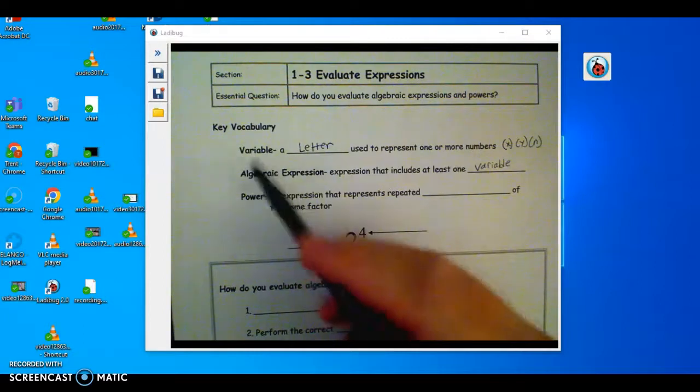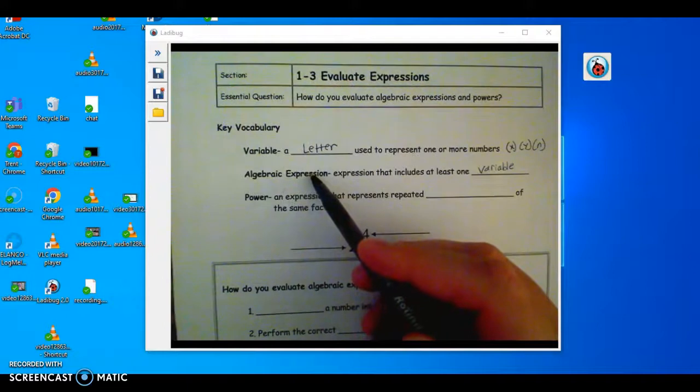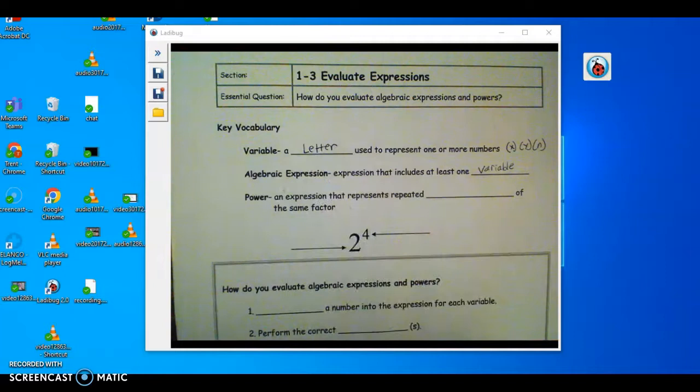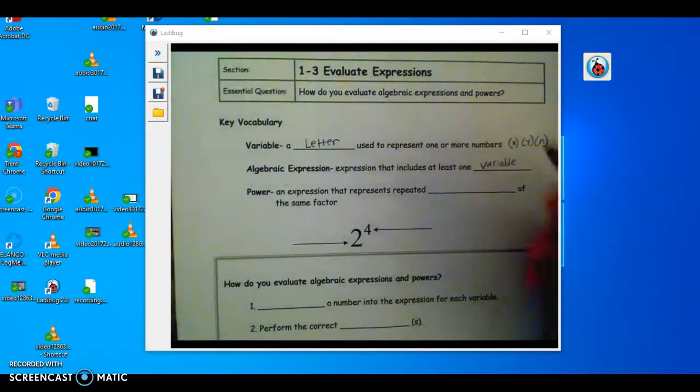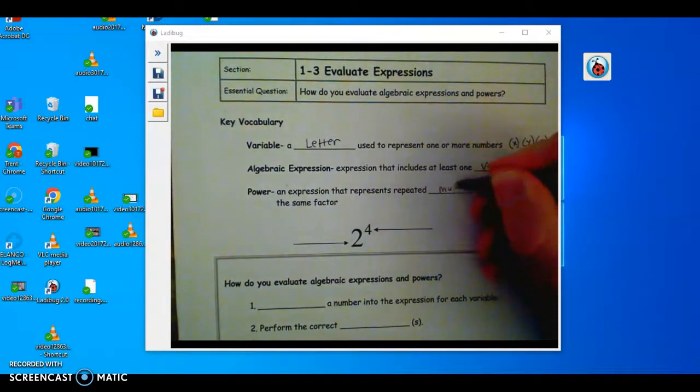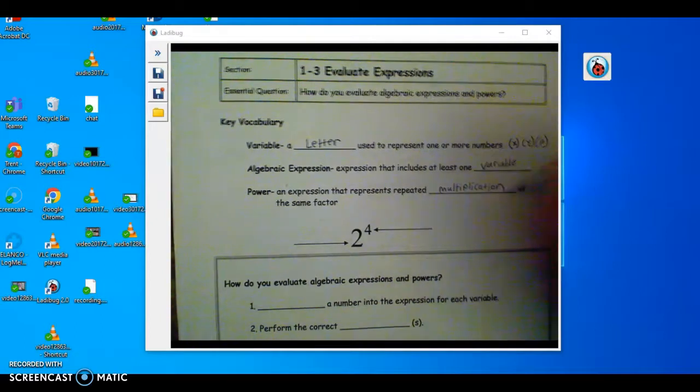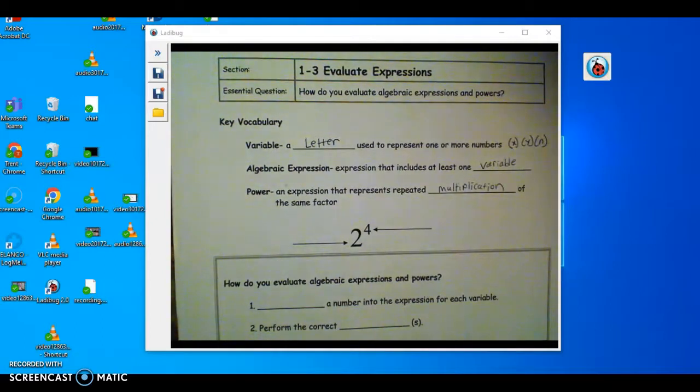Algebraic, whenever you see that word, typically means there's a variable involved. Expression means that there's going to be at least one operation and variable typically used, just no equal sign. When there's an equal sign involved, it's called an equation. Power is just an expression that represents repeated multiplication of the same factor.